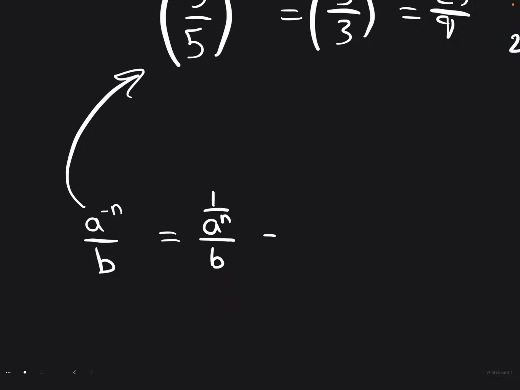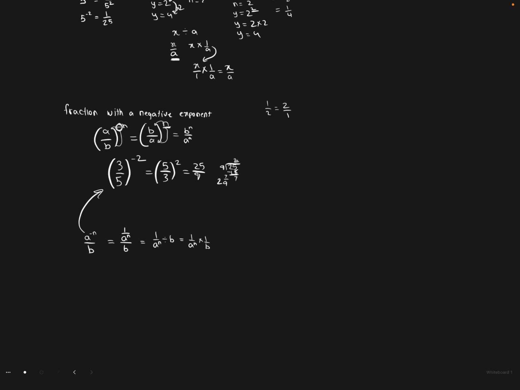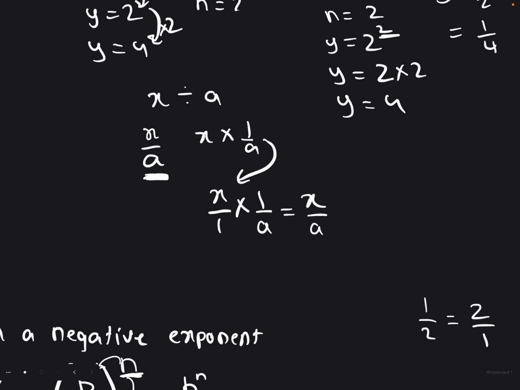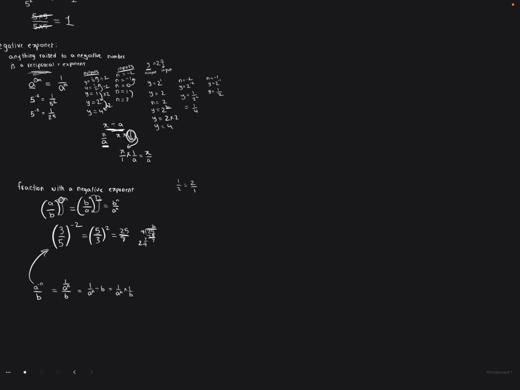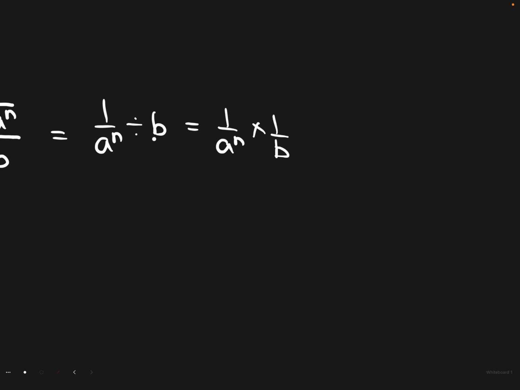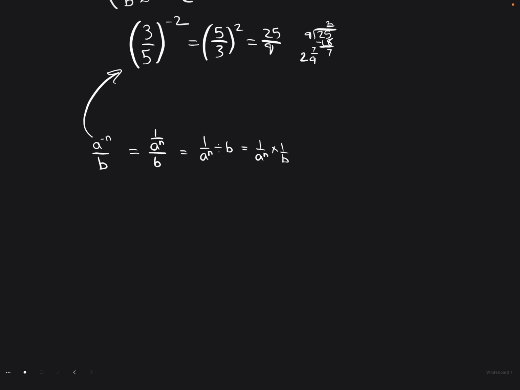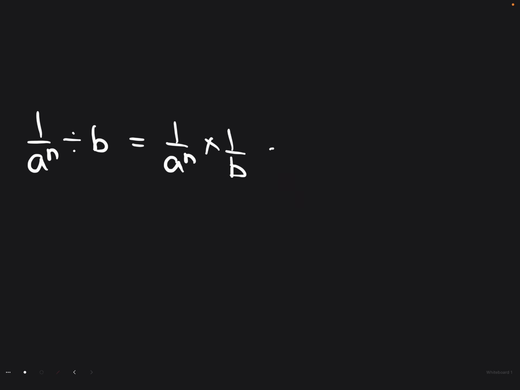So this is 1/a raised to n divided by b, which equals 1/a raised to n times 1/b, like we did up here. When you're dividing a number by another number, that's just multiplying by its reciprocal. So we reciprocal the b over here, and we get 1/a raised to n times 1/b. So this is how you would solve questions like these.